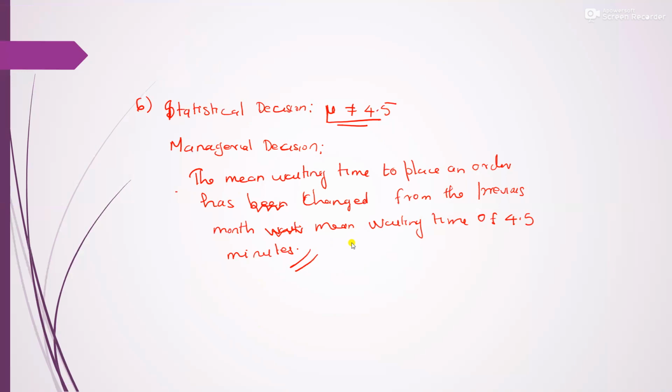So the sample mean waiting time shows the mean waiting time to place an order has increased for the current month.